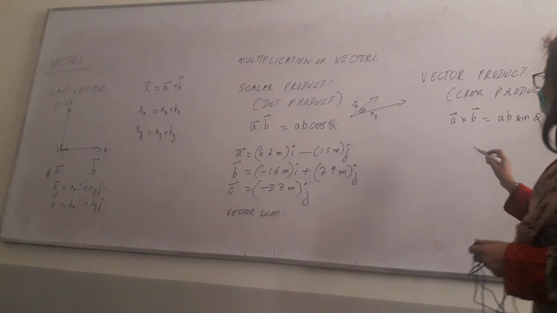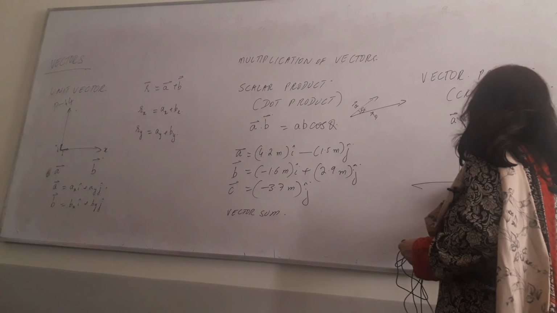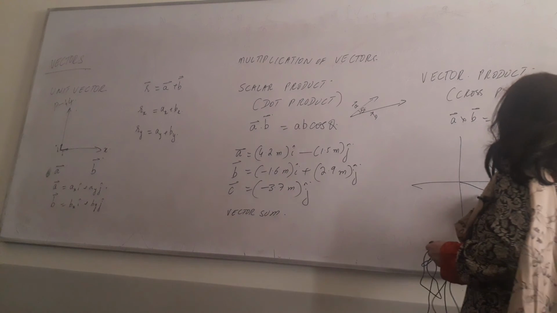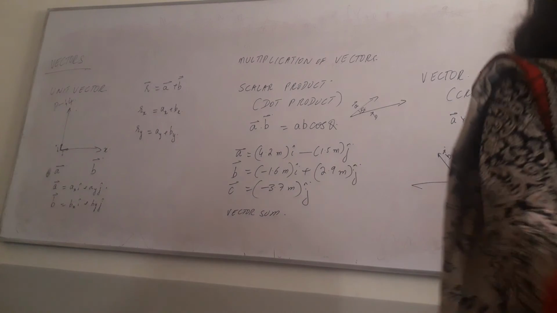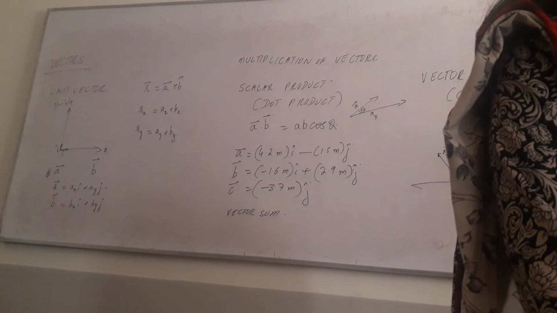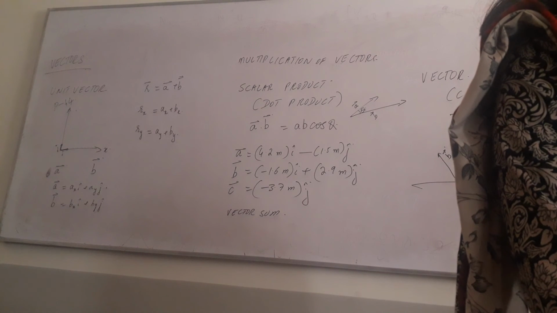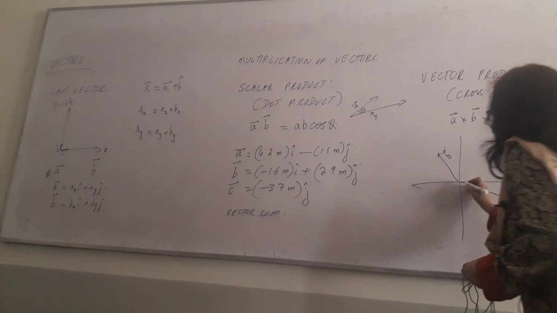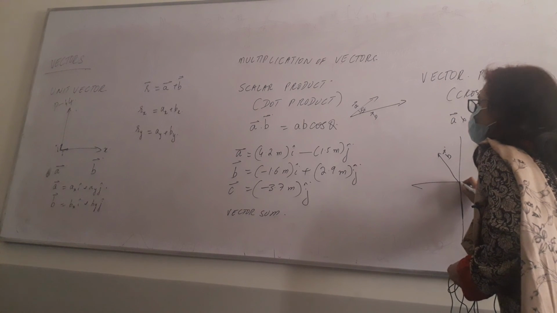If you look at the axis, this is A, and then you have B. Where will you have C? C will be in the negative y direction.